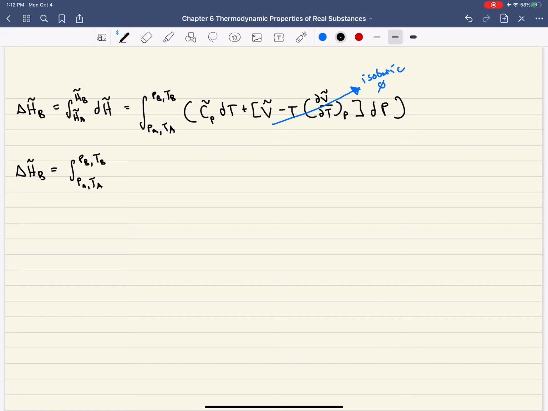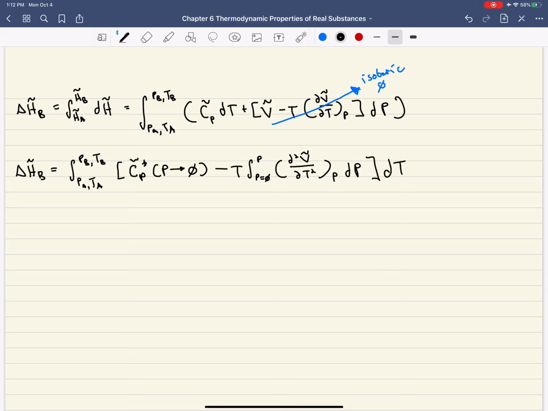Generally, remember the heat capacity can be expressed like this, where we have an ideal gas term and then another term that accounts for non-idealities that are affected by pressure. Alright, this is where that second derivative was. And the dT is outside.